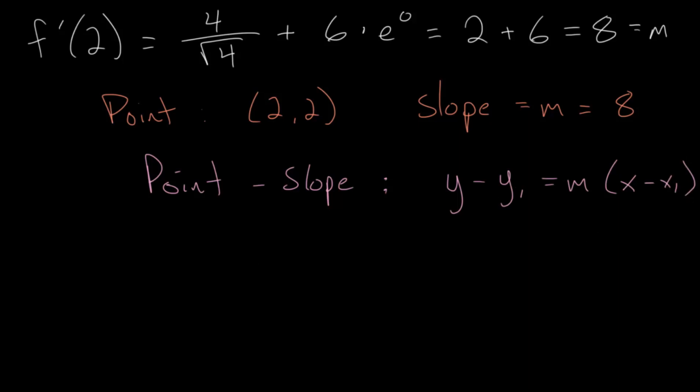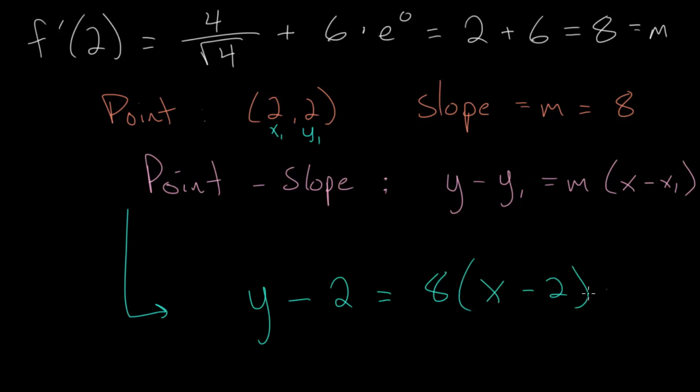So let's now plug in everything we have. We can label this point as x1, y1, and we know m is 8. So combining everything together, we get y minus y1, which is 2, is our slope, 8, multiplied by x minus x1, which is 2. And we can solve this for y to change this to slope-intercept form.